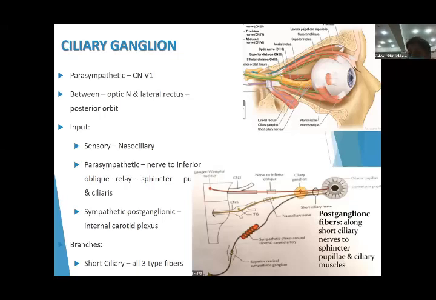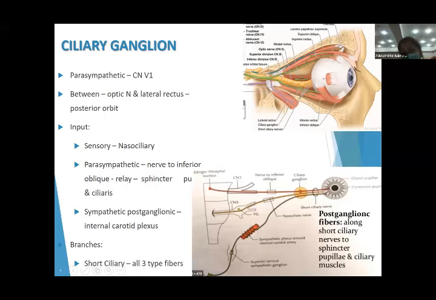And the ciliary ganglion is lying inside the orbit. It is for the supply of the structures inside the orbit. Where is it lying? This is the ciliary ganglion, lying on the optic nerve. This is the lateral rectus muscle, and this is the cut end of the lateral rectus.